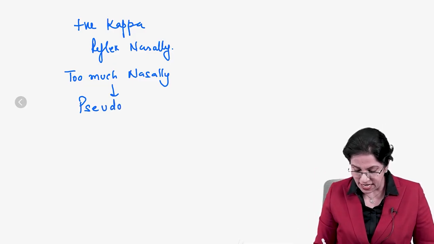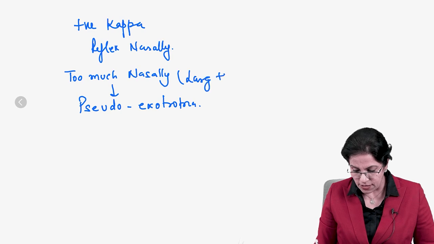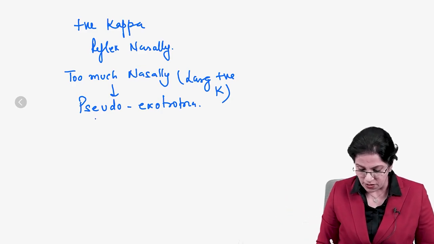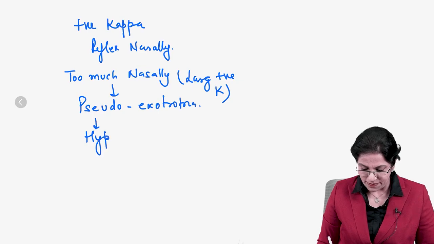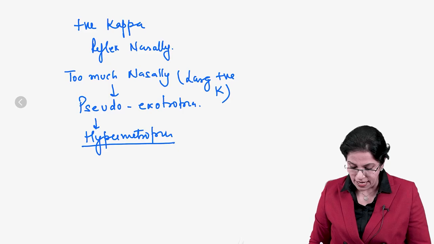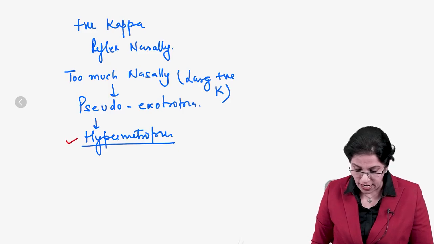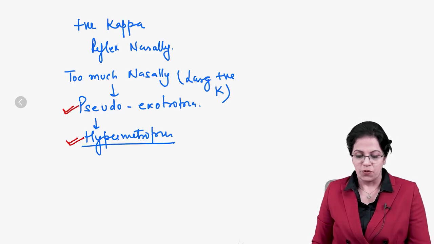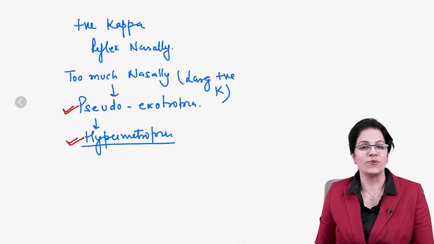Out is exotropia, and since it is not actually out, we call it pseudo-exotropia. Too much nasally means there is a large positive angle kappa. This is mainly seen in patients of hypermetropia. So the point we have to know is that a large positive angle kappa can be seen mainly in high hypermetropes and can be a cause of pseudo-exotropia.